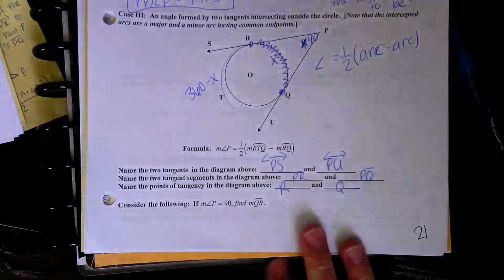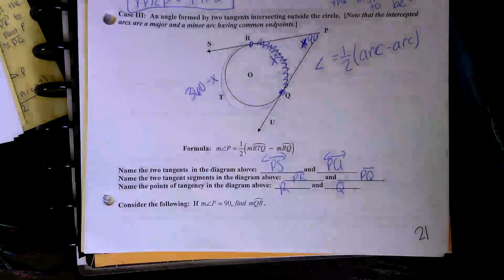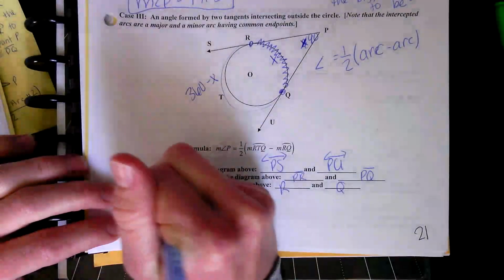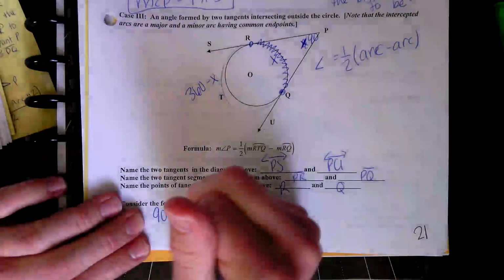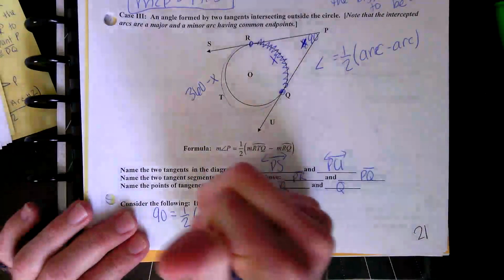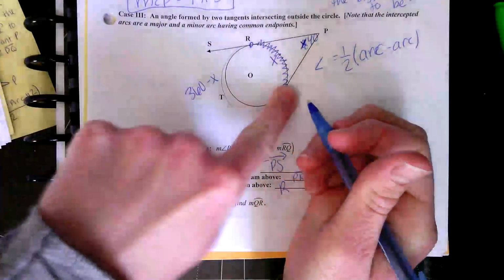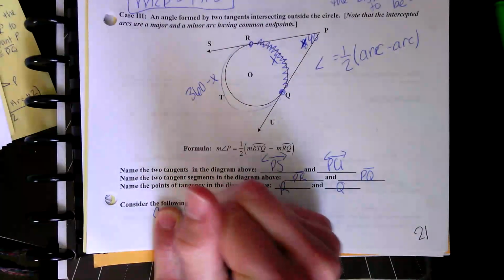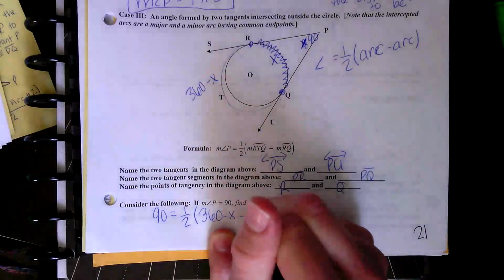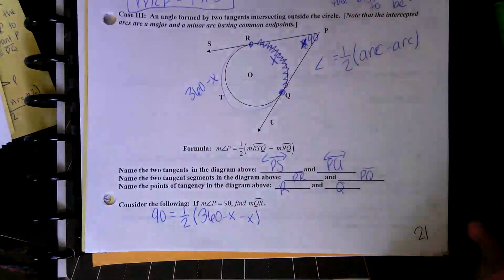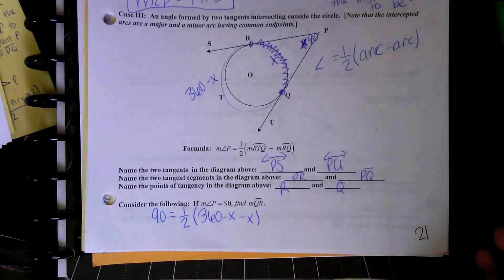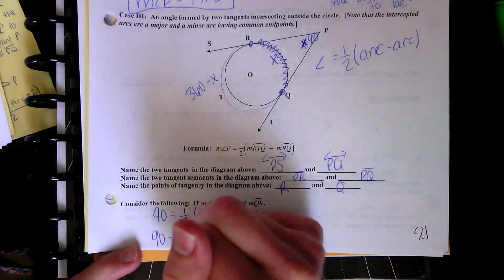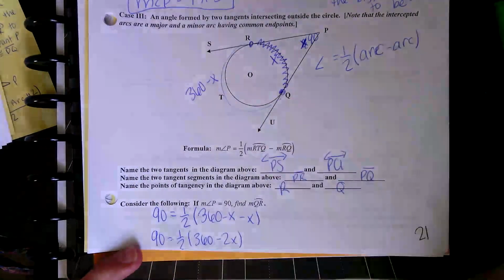So now let's set up this equation and let's solve for the measure of QR, okay? So the measure of angle P is 90, so we're going to set this equal to 90. Now we're going to do 1/2 times the measure of arc RTQ, which is 360 minus x, the measure of QR. Okay, so now we need to solve for x. So we have 360 minus 2x.